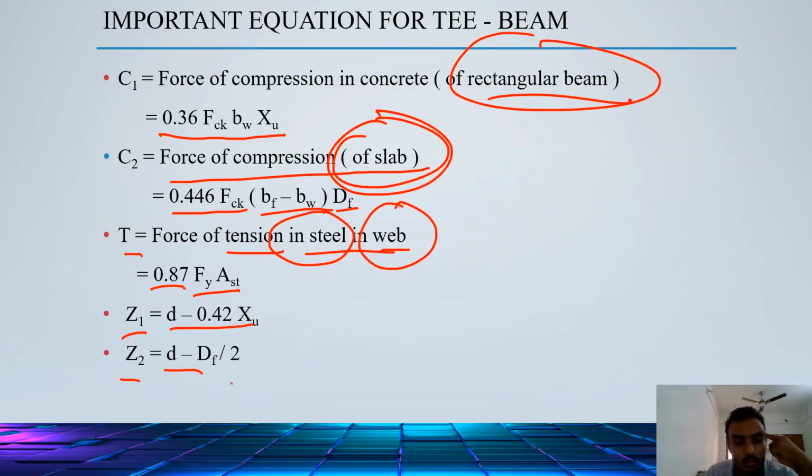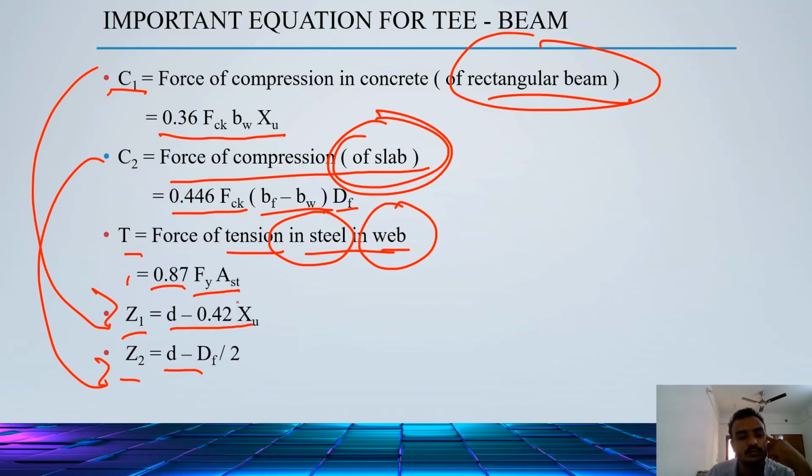Why do we have Z1 and Z2? Because we have two compression forces here, C1 for Z1 and C2 for Z2. Z1 and Z2 are called lever arms. Understood? So I hope you write these two equations down in your notes.